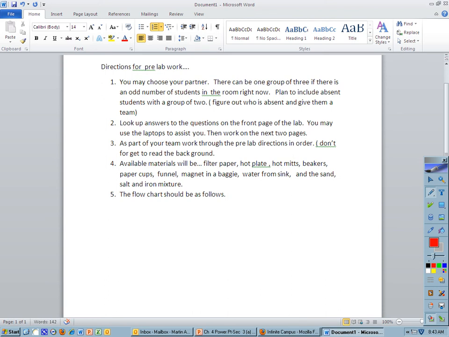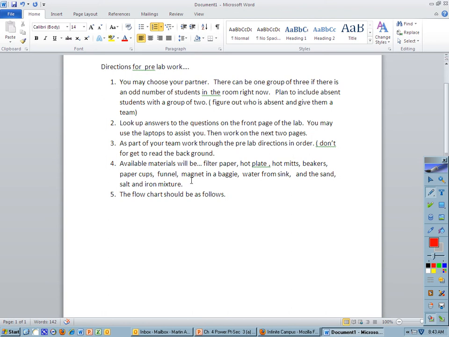The next 2 pages, you should not, but you can still use them if you think you need to. As part of your team, you can work through the pre-lab directions in order. That's the next 2 pages. But don't forget to read the background paragraph at the top. You can divide and conquer if you so choose, having one person work on one page and another person work on another page and then swapping information. Because you do want to try to get done during class, and there's only about 20 minutes left.